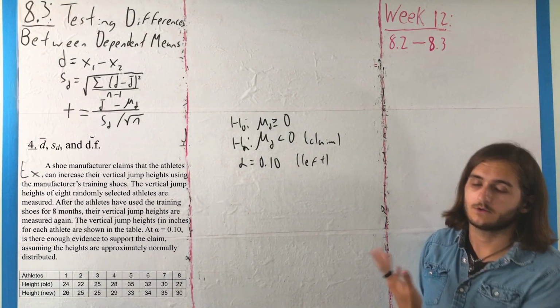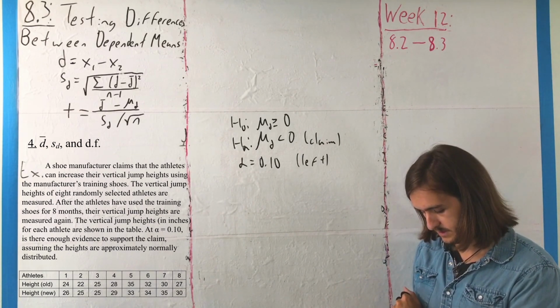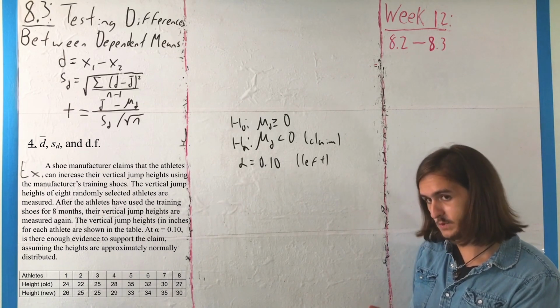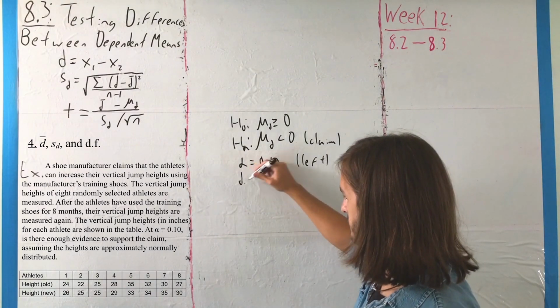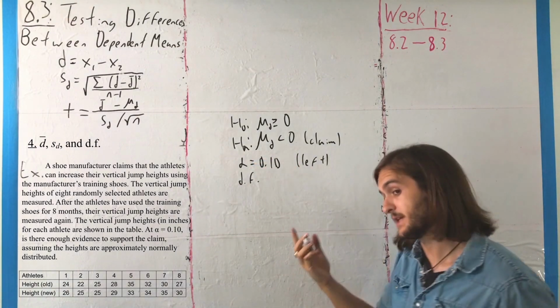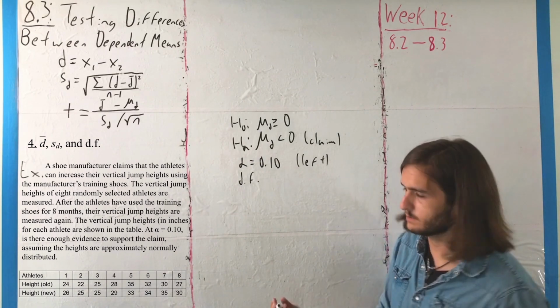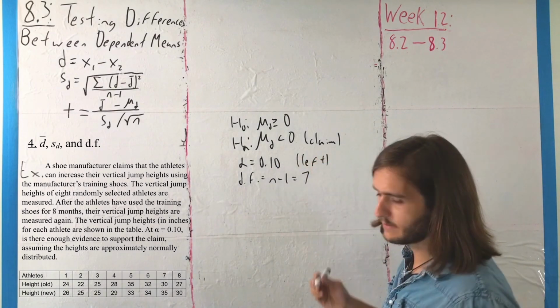From that point, we can talk about critical values, degrees of freedom, all of that extra special stuff that we do need. For one, if we want to get the degrees of freedom, since it is the same sample taken twice, we don't need to worry about pooling or unpooling or which one's smaller. No, you just take n minus 1, which in this case is 7.